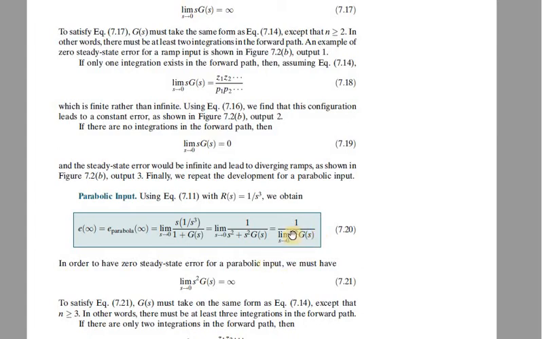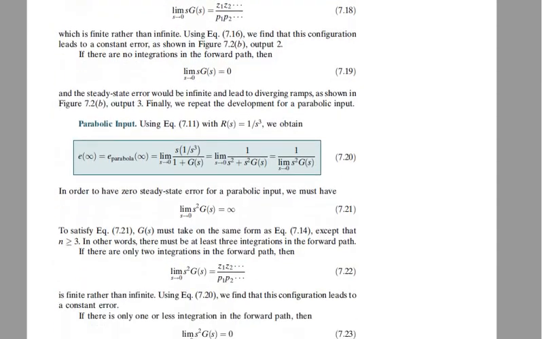This is only possible when g of s has 3 integrals. Otherwise, this is not the case. So look here, when n is greater than or equal to 3, if we have 3 integrals, then for parabolic input we have 0 steady state error.